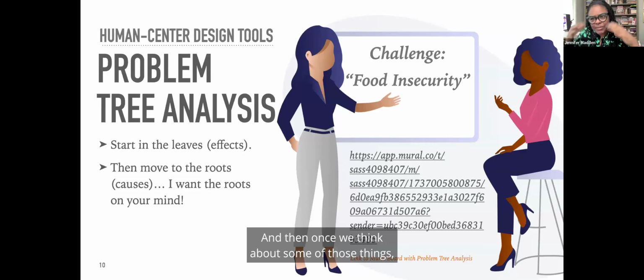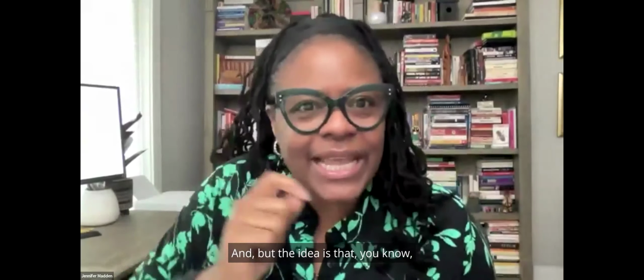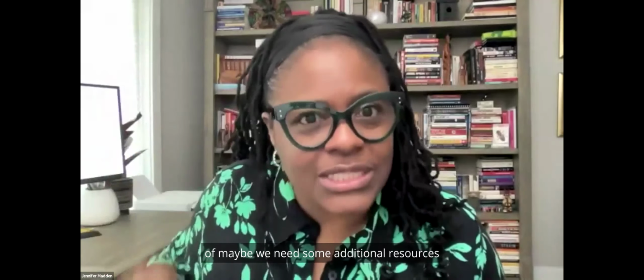Once we think about some of those things, then we can think through what some of the root issues are. I'm going to pause for one second, and then we're going to have some conversation, and I'm going to show you this ridiculous mural board that I've built for you all. The idea is that it builds empathy, because maybe our youth leader is showing up very impatient, hangry, but then we have a better understanding that maybe we need some additional resources, because at the root level, this is a poverty issue.